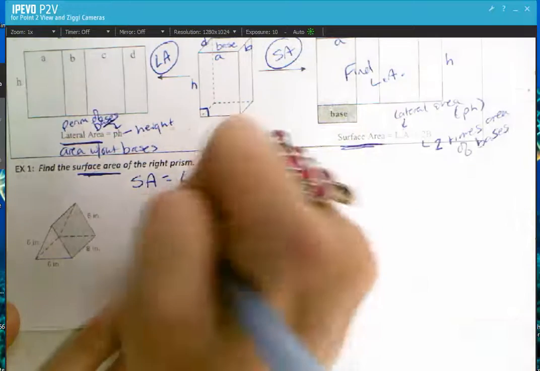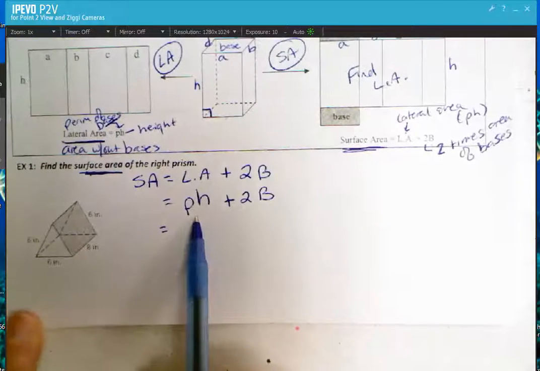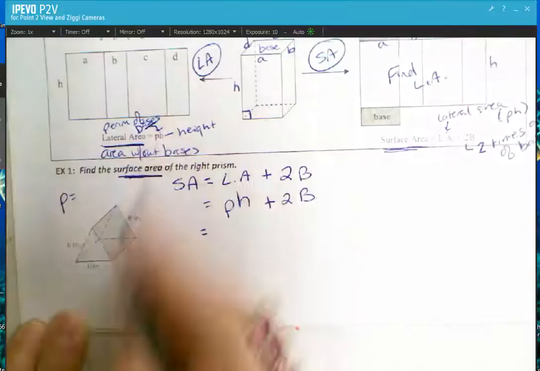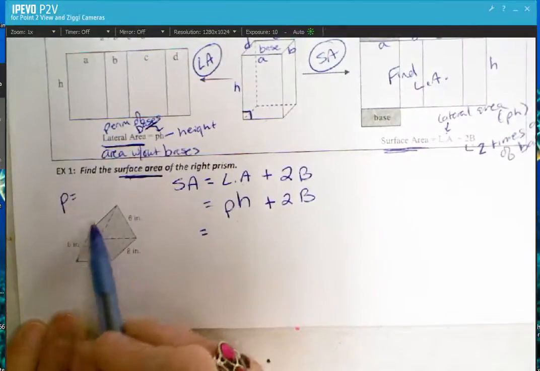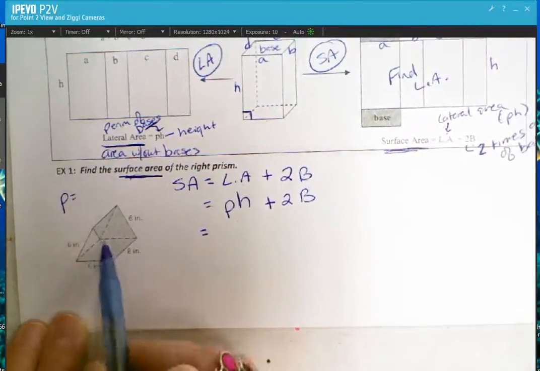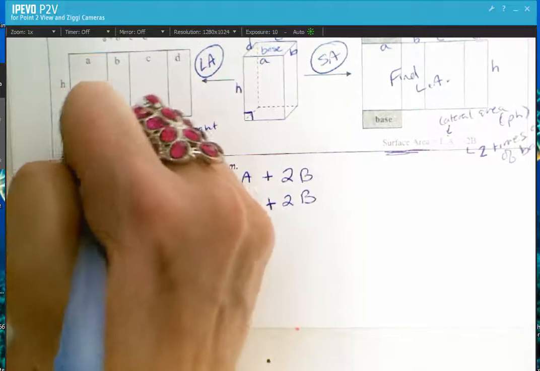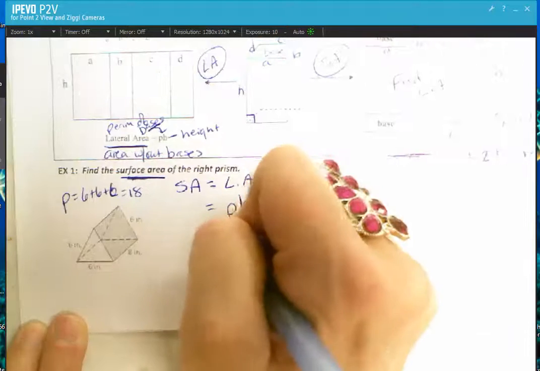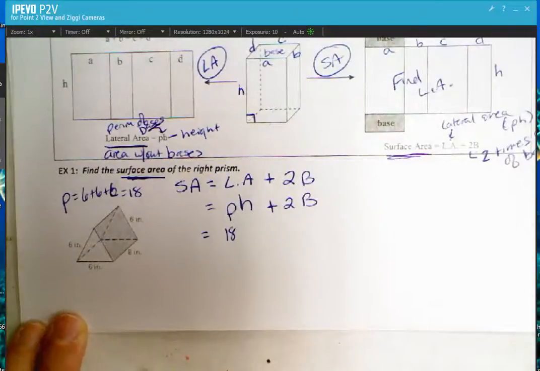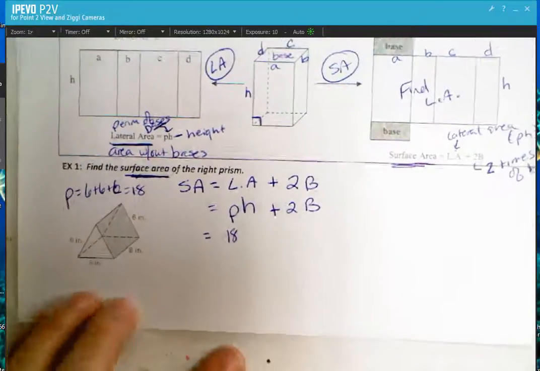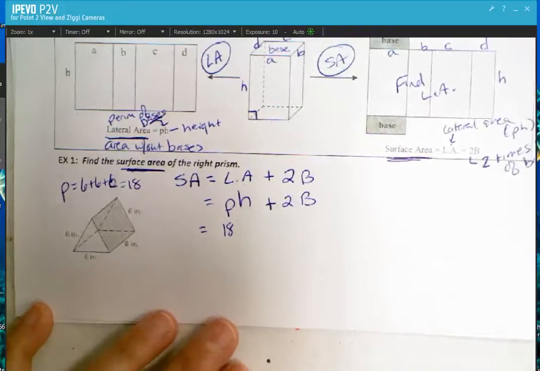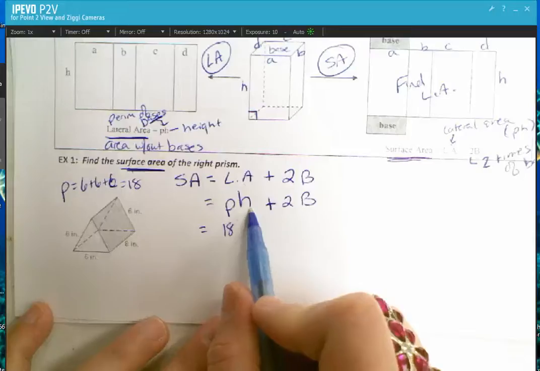I know that the perimeter is the perimeter of the base. So my P is going to equal the perimeter of my base, 6, 6, and 6. So I've got 6 plus 6 plus 6 equals 18. So I know my perimeter is 18. I've got to find the height. It is not the height of the base. This is the height of the prism.